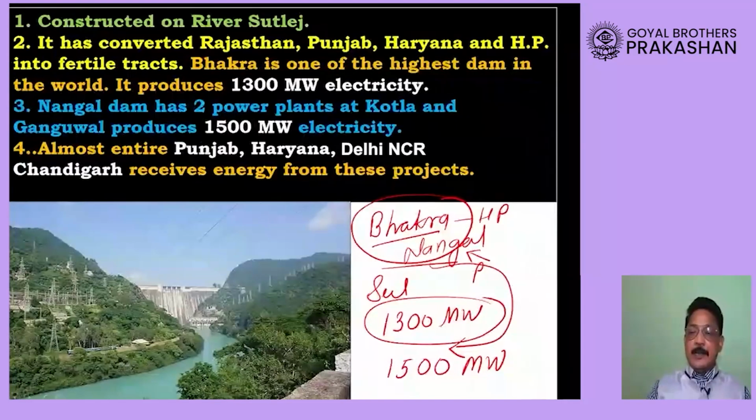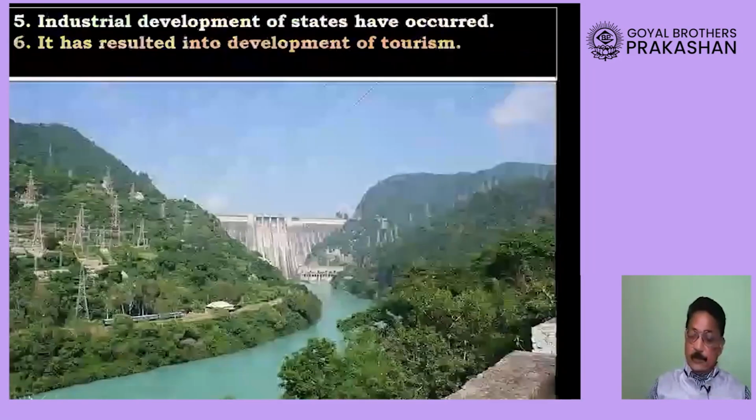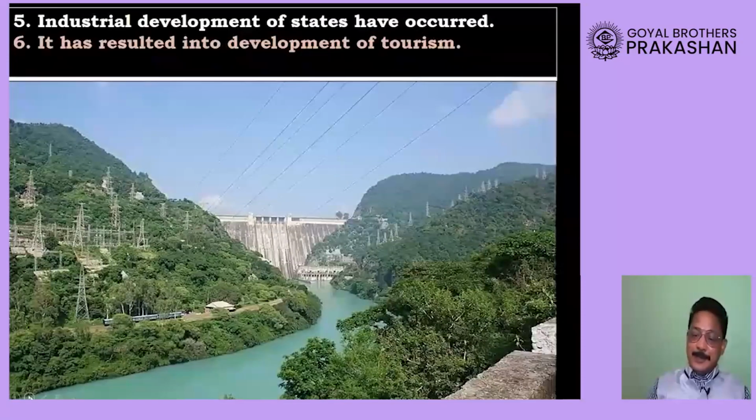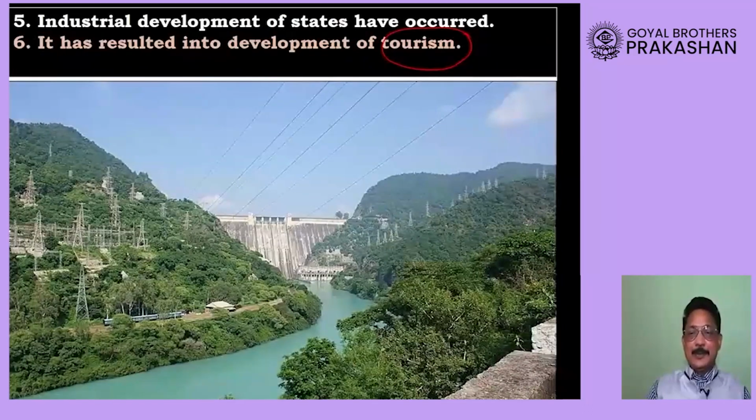So this dam plays a very important role in the development of agriculture and industries in these states. Also, when this dam is constructed, naturally it becomes a very important tourist place, so tourism is also being developed here.